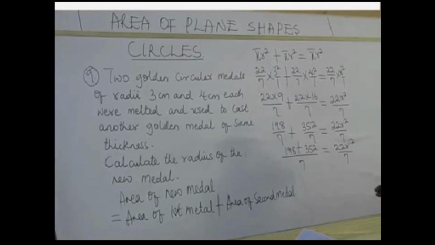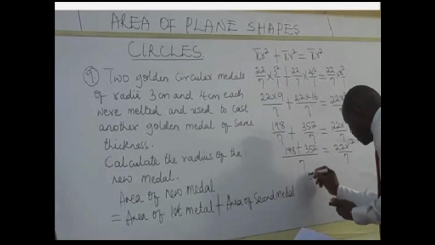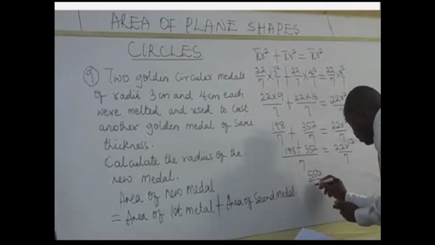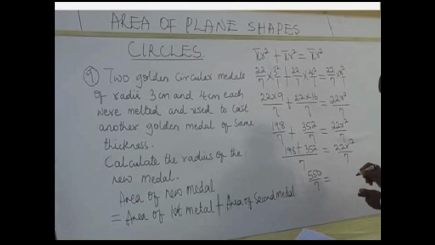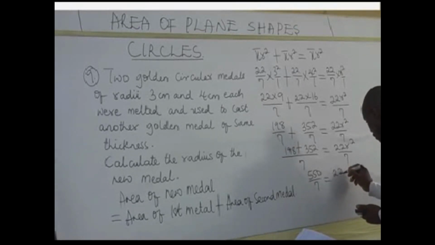At this level, add 198 and 352. 352 plus 198 gives me 550 all over 7 is equal to 22 r squared all over 7.